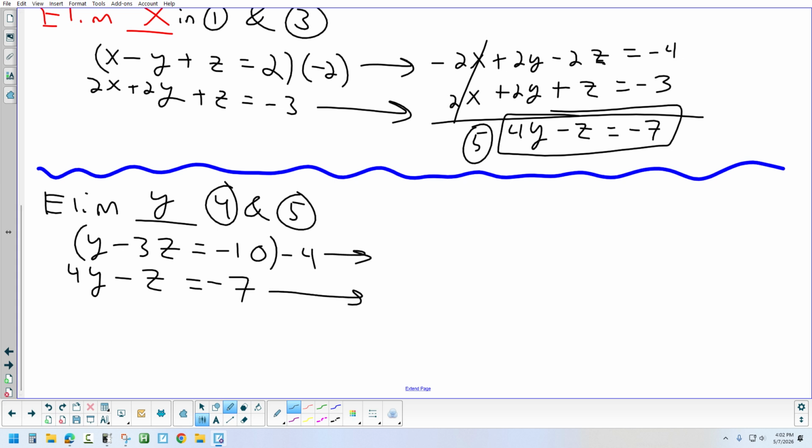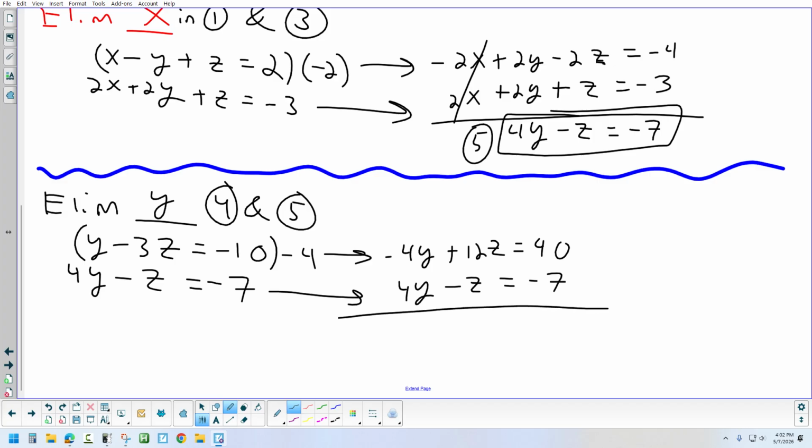And what do you get in the top when you multiply by negative 4? Negative 4y plus 12z equals 40. Bottom, we'll just copy it over. 4y minus z equals negative 7.